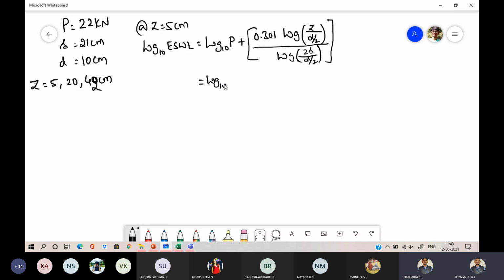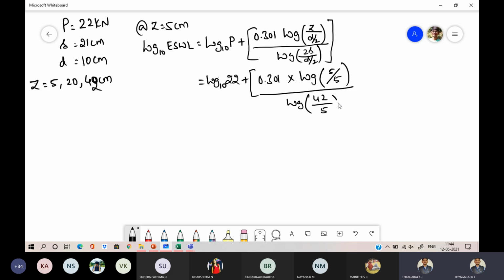Now log 10 of P, 22, plus 0.301 into log of Z which is 5 divided by D by 2 which is 5, divided by log of 2S, 42 divided by D by 2 which is 5.